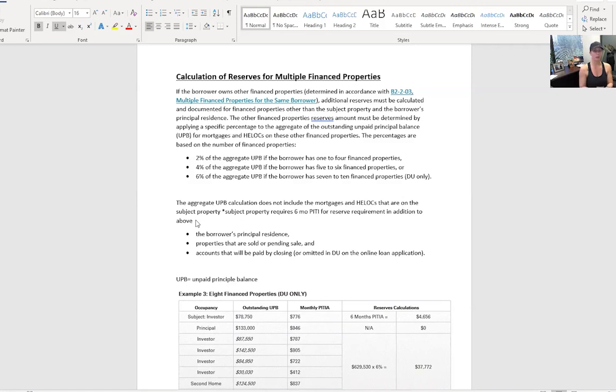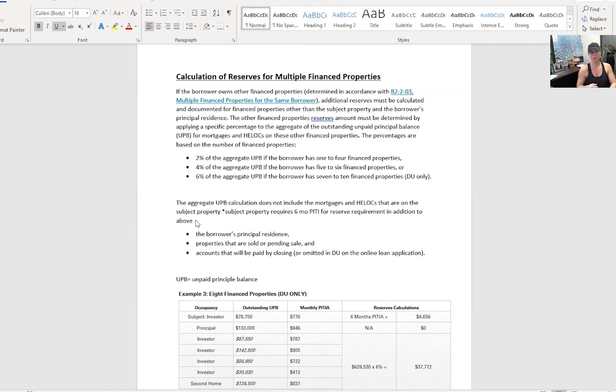Example, let's say you're purchasing your fourth property. You may think that you're in the 1 through 4, right? Because it's just 4 rental properties. However, that would be incorrect. Your primary residence will count as 1, 2, 3, 4, and then you're purchasing your fourth here. Then you would be in the 5th and 6th, if that makes sense. Anyway, just keep that in mind, okay?